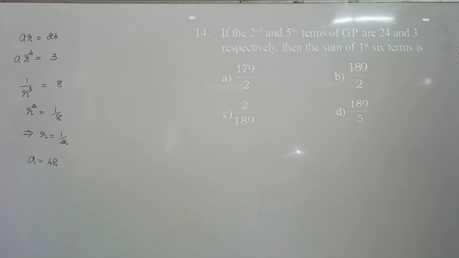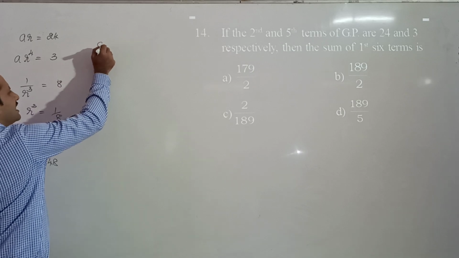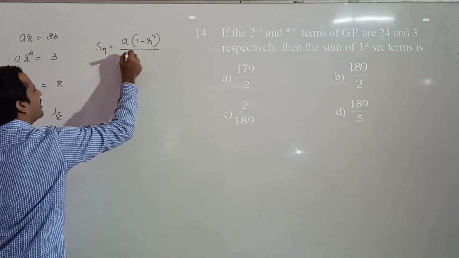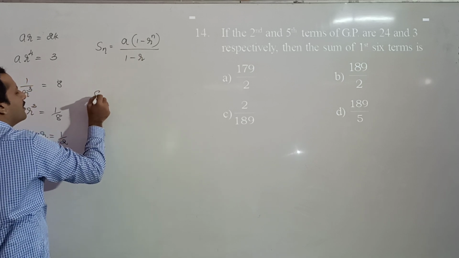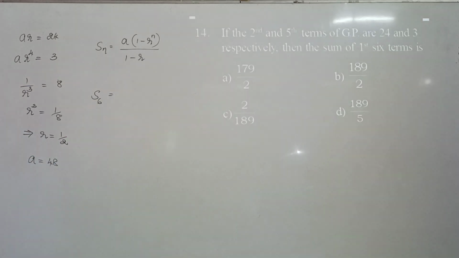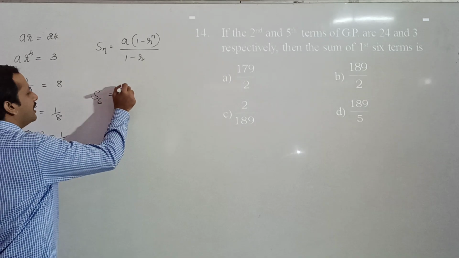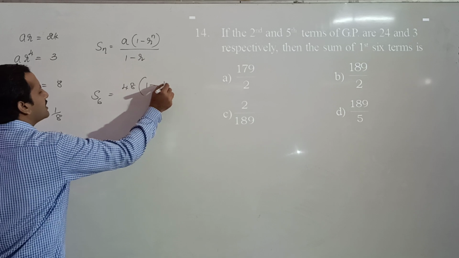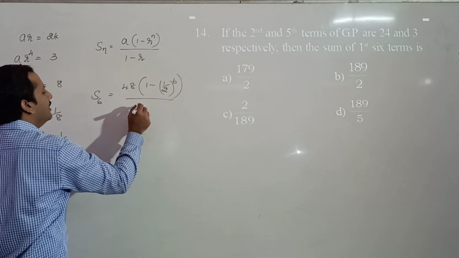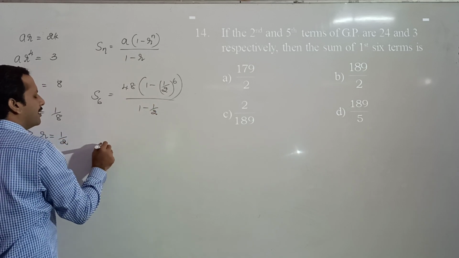We want the sum of the first 6 terms. Sn is given by A into 1 minus R power n divided by 1 minus R. So here we want the S6, sum of the first 6 terms. A is 48 into 1 minus R, that is 1 by 2 whole power 6, n is 6 here, divided by 1 minus 1 by 2.